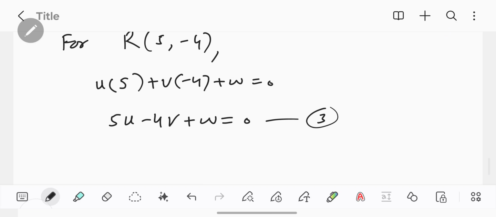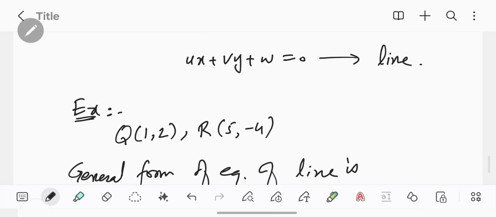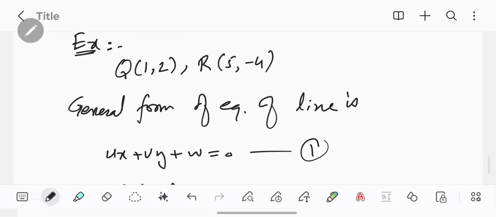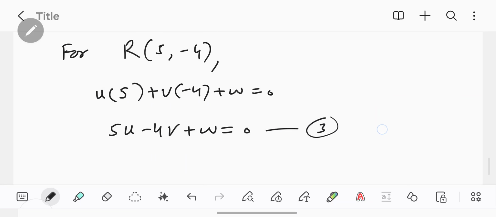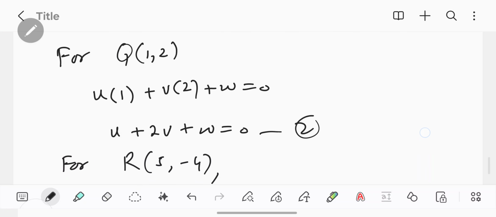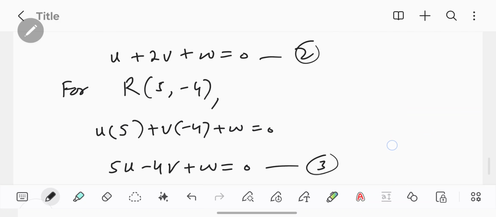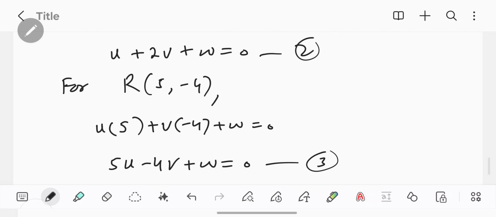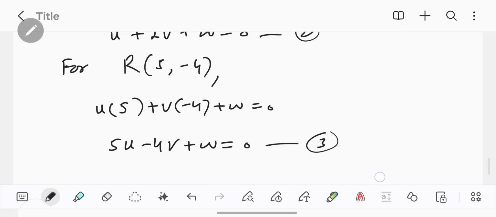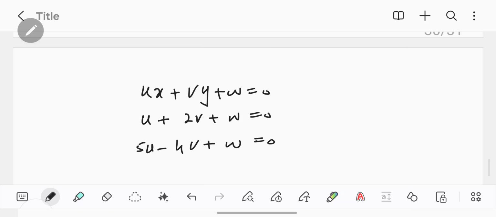That means I have 3 different equations. I have put 2 different points in the general equation of line, and I have 3 different equations, equation number 1, 2, and 3. If I write the 3 equations at one place here, then you can check we have a system of equations.